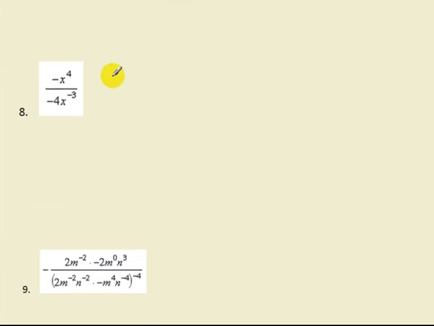All right, number 8. We have negative x to the 4th over negative 4x to the negative 3. Well, first of all, we know that a negative divided by a negative is positive, so we can simply rewrite this as x to the 4th over 4x to the negative 3.